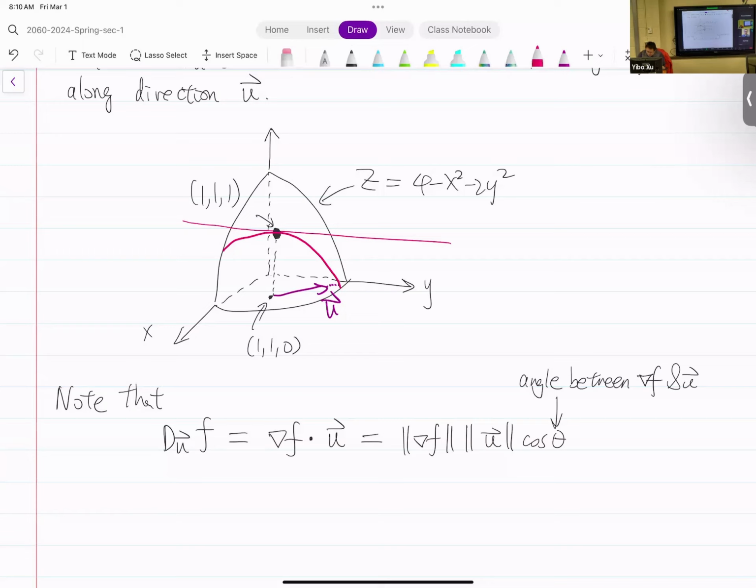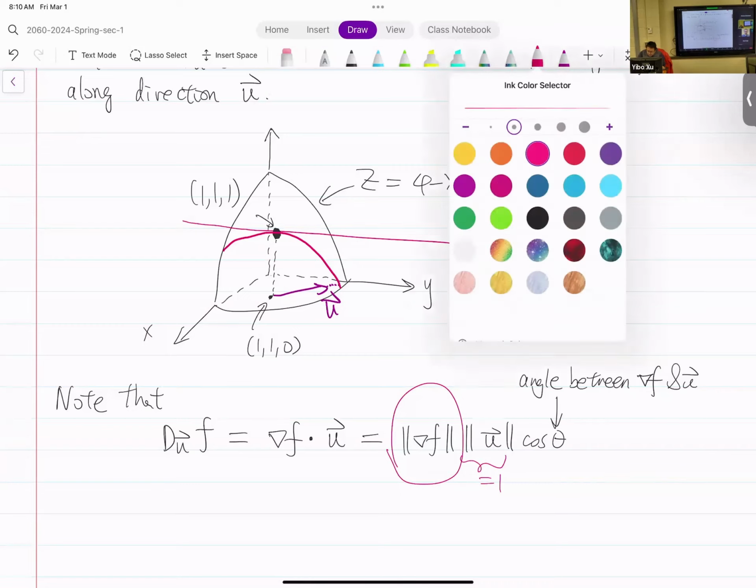Now you see the magnitude of u is just one. The magnitude of the gradient is a constant, right? When you're at a point, you can calculate the gradient as a vector at the point, and then its magnitude is a constant. The magnitude of the unit vector is one.